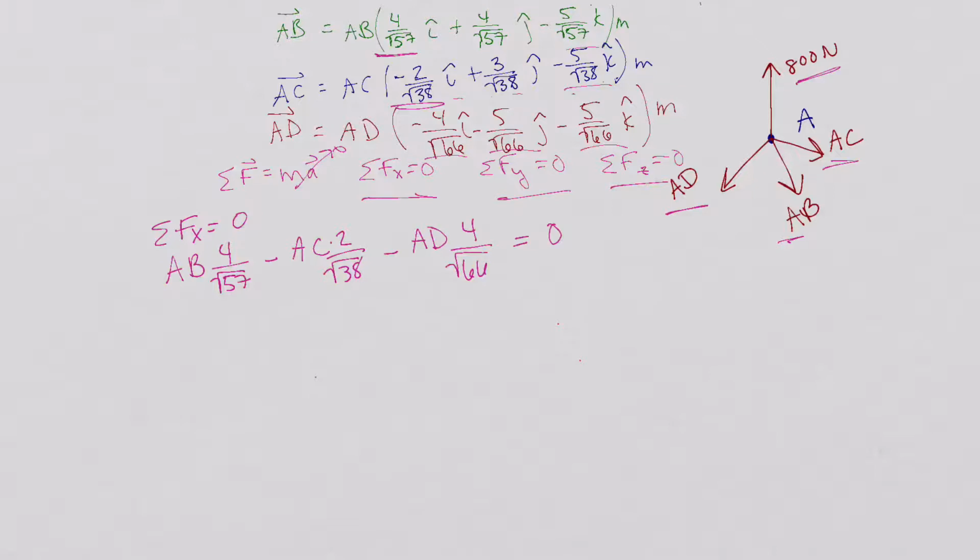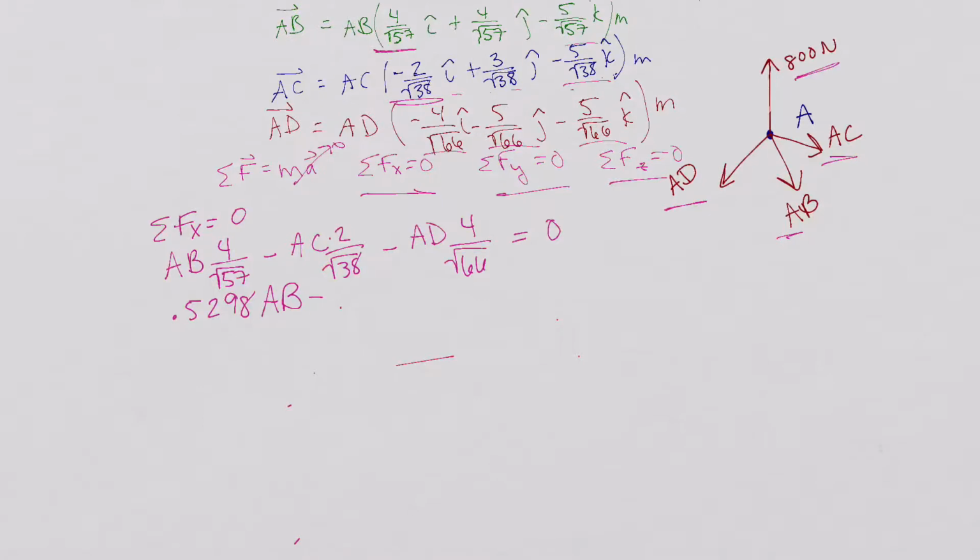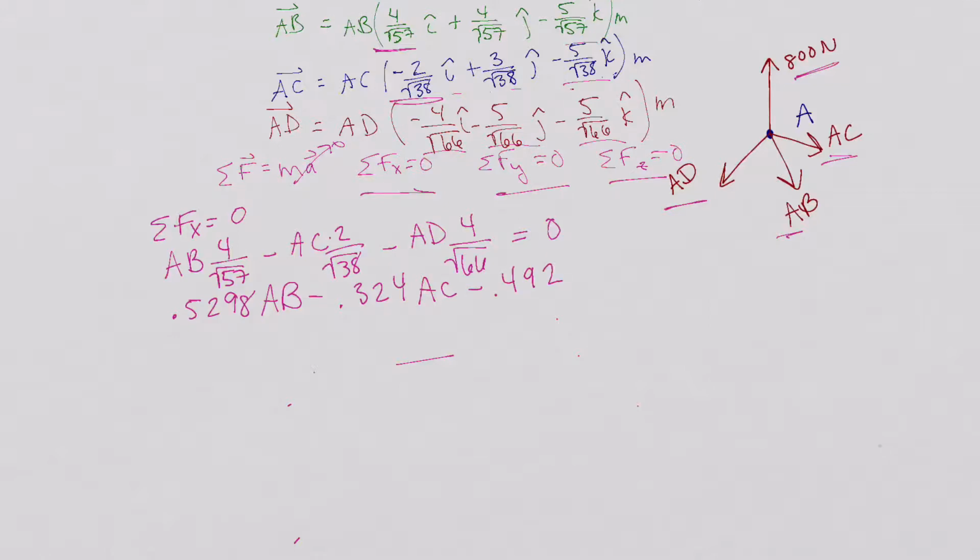And I'm going to go ahead and calculate those out. So we get 0.5298 AB minus 2 divided by the square root of 38, 0.324 AC, minus 4 over the square root of 66, 0.492 times AD, that equals 0.